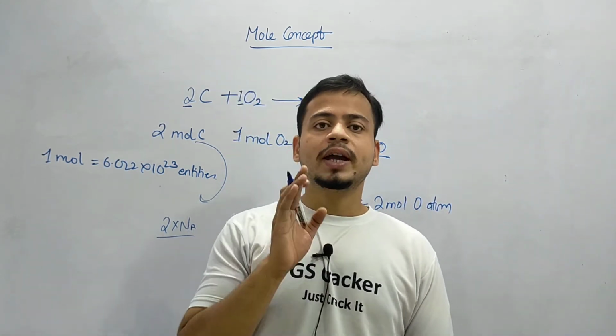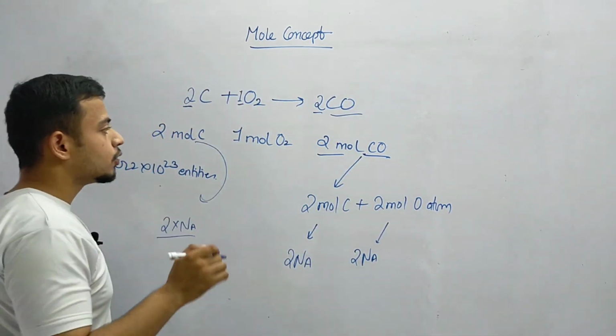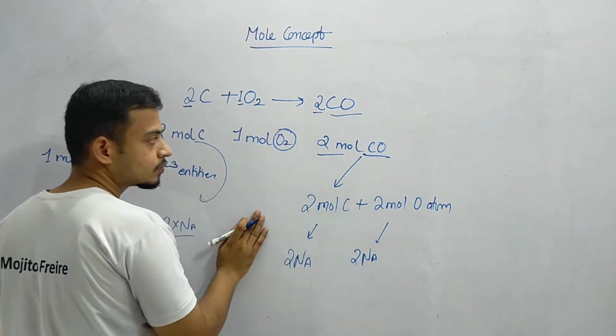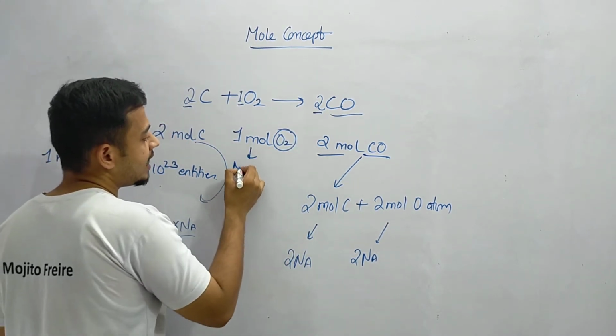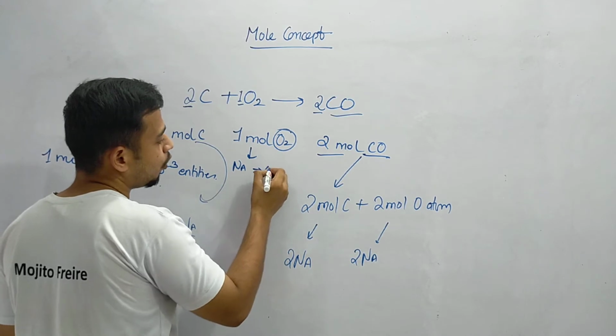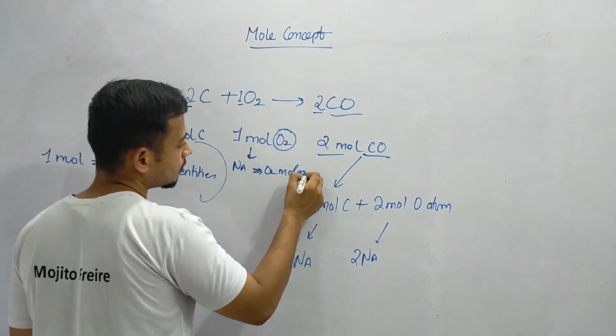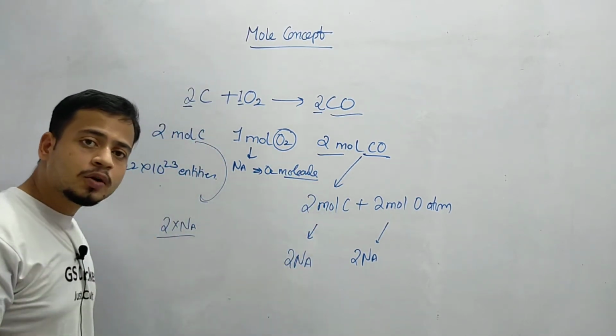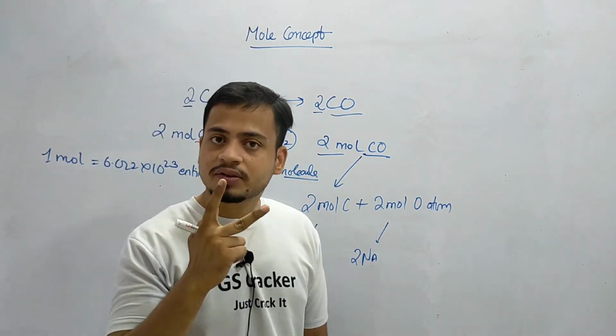Now we have to calculate the number of molecules. O2 is a molecule, so there are Na number of O2 molecules, but each molecule also contains 2 oxygen atoms.